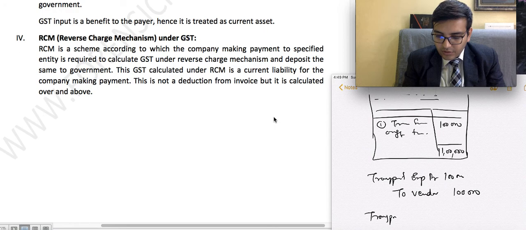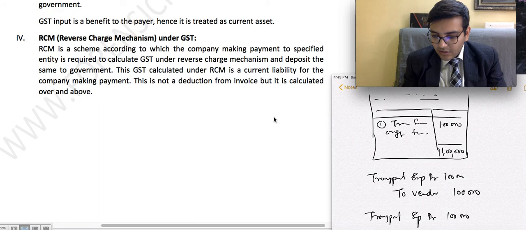Transport expense debit 1 lakh to vendor account 1 lakh, to RCM CGST liability, to RCM SGST liability, let's say 9%, sorry, 9,000.